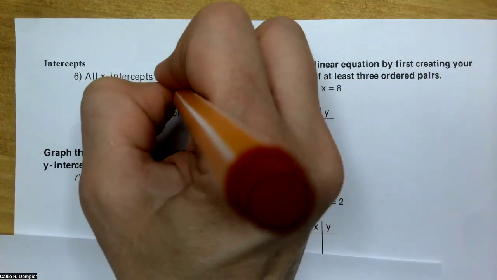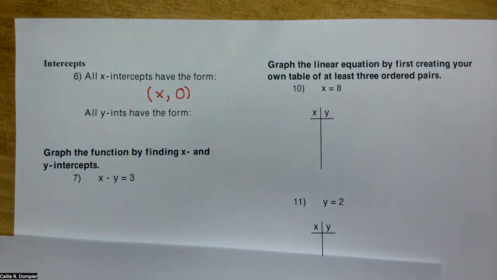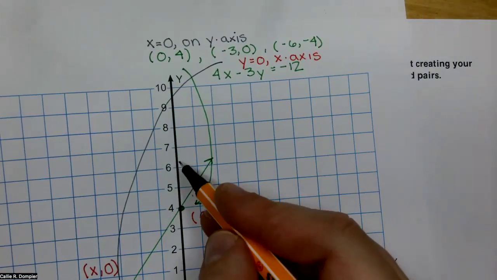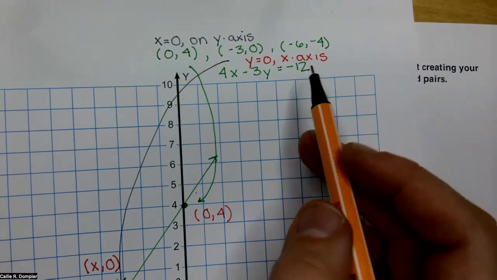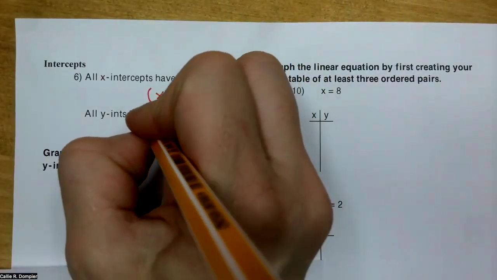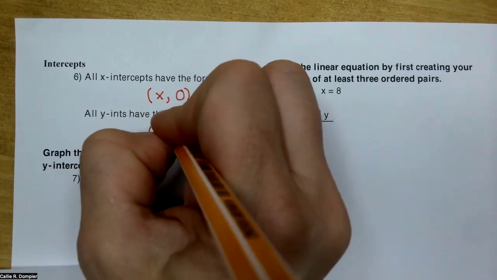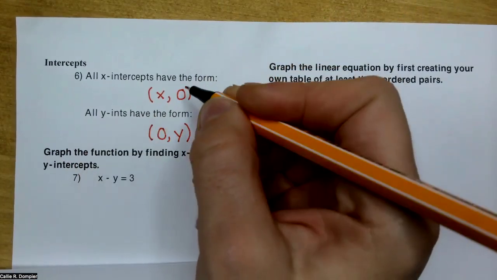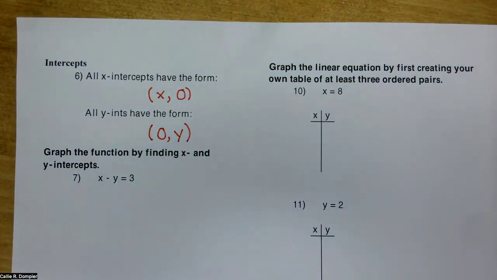Whatever your x value is, and then a 0 for y. All y-intercepts have the form 0 and then a number. So all y-intercepts have 0 for x. All x-intercepts have 0 for y. Okay?